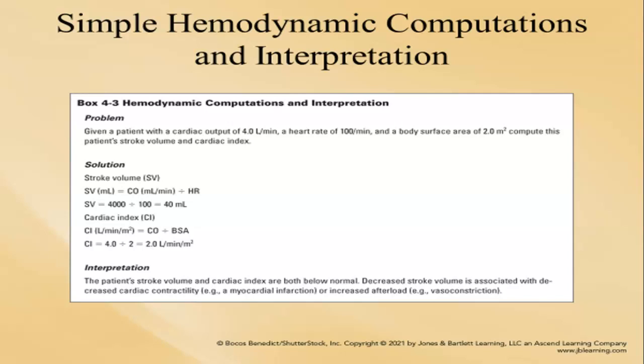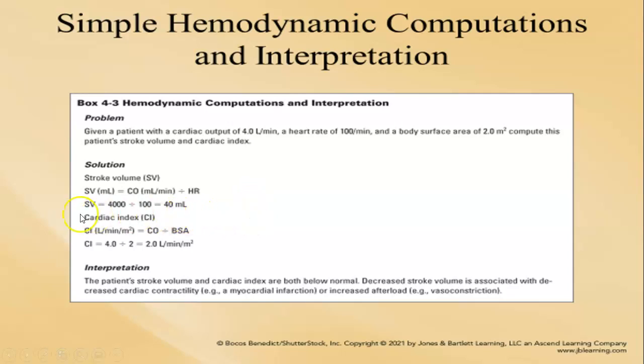And then you're going to divide it by the heart rate, and in this case the heart rate was 100 per minute, and so they divided 4,000, which was our cardiac output in milliliters, divided by 100, which equals 40. And so that would be a normal stroke volume for a patient.